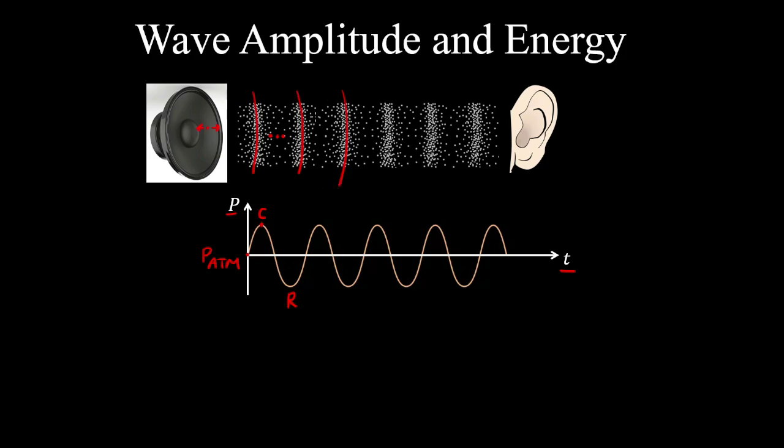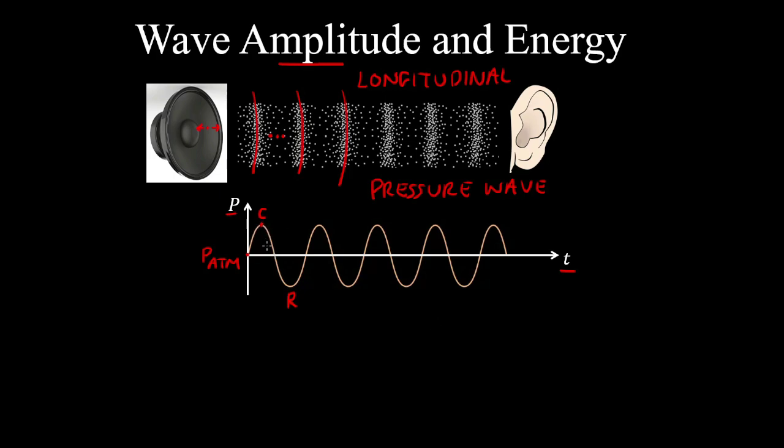So recall the sound wave is a longitudinal wave, and typically the amplitude of a wave is the maximum displacement of the wave from its equilibrium position. But in the case of a sound wave, being a longitudinal pressure wave, the amplitude can be determined by the maximum increase or decrease in pressure from the equilibrium pressure.